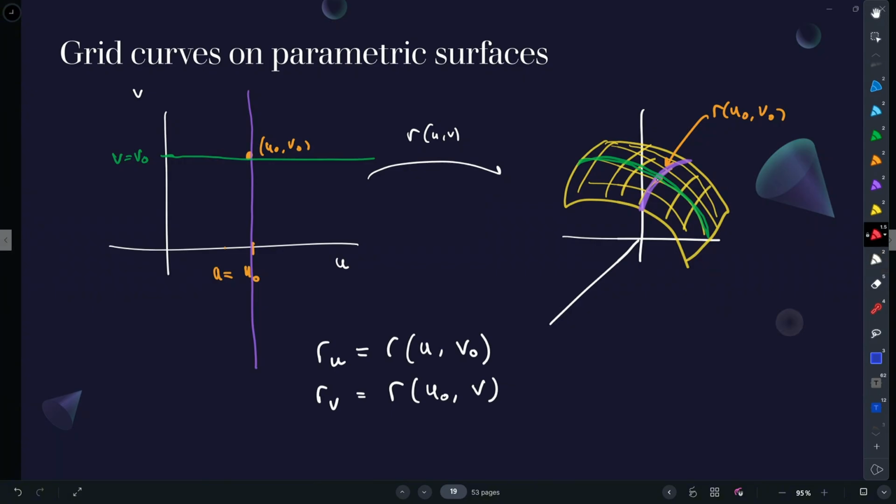So we're going to find the tangent vectors exactly at that point by just taking derivatives with respect to u of r_u and with respect to v of r_v. Together those give me a way to compute tangent planes at any point of our parametric surface. Then we're going to use that to compute integrals also.